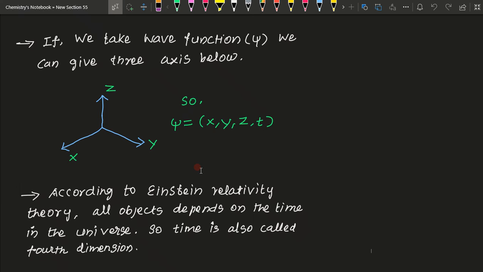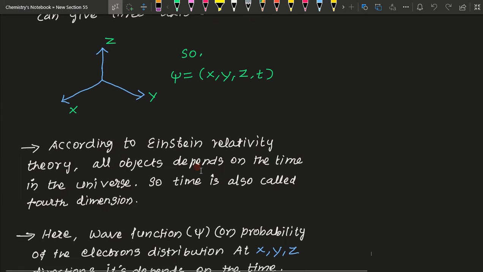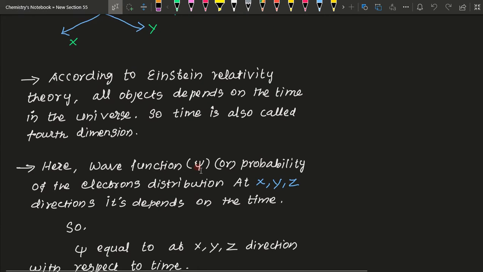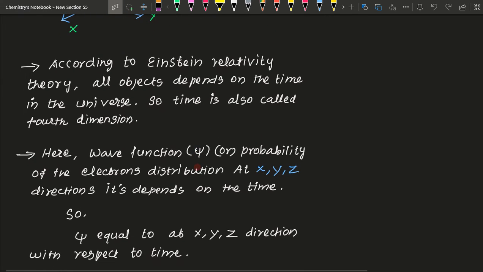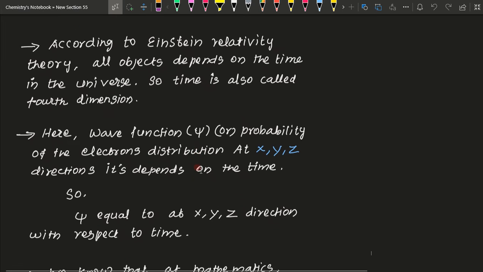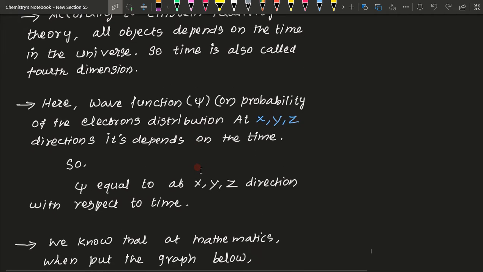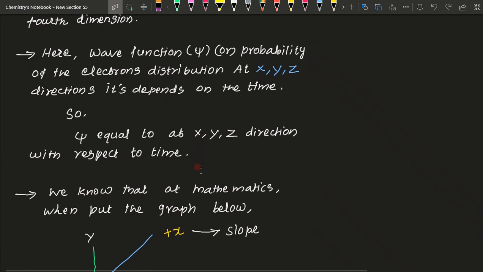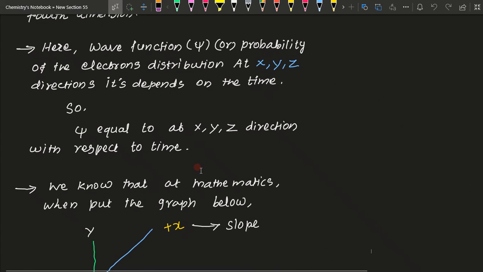So time is also called the fourth dimension. Here the wave function psi, or probability of the electron distribution in the x, y, z direction, depends on time. So be careful. So psi equals x, y, z with respect to time.